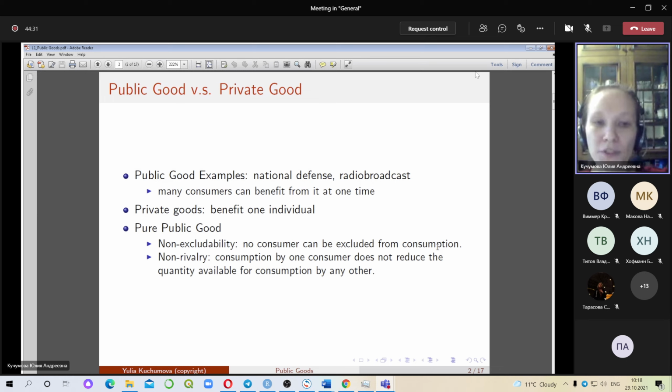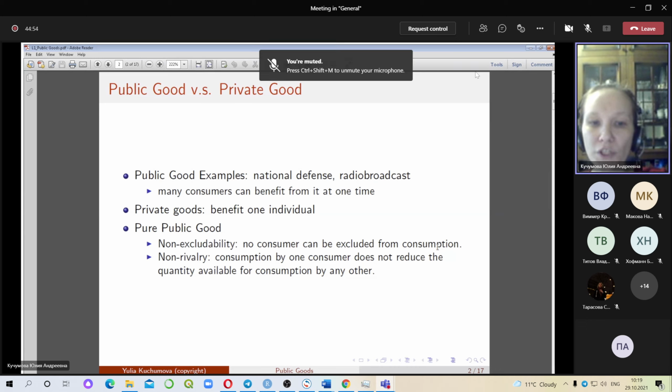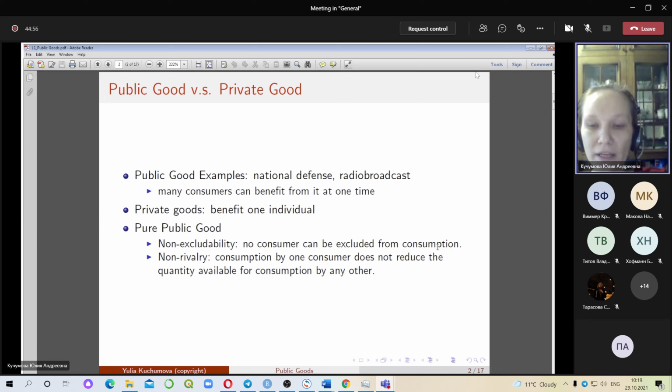More specifically, there are two properties of the pure public good that really characterize it. The first one is called non-excludability, which means that no consumer can be excluded from consumption. The second property is non-rivalry, which means that consumption by one consumer does not reduce the quantity available for consumption by any other.